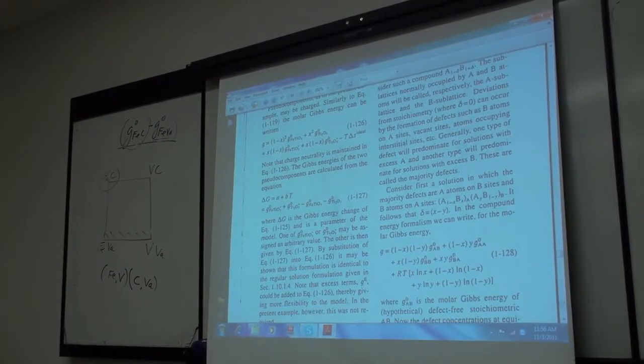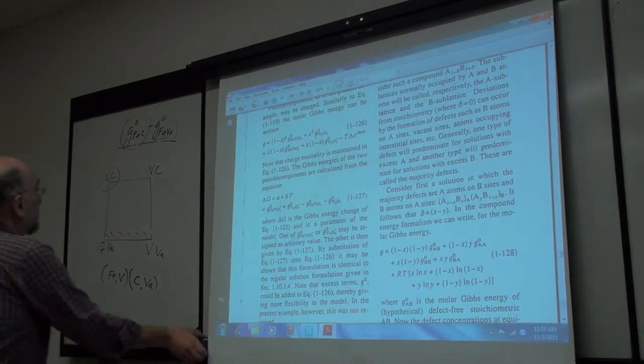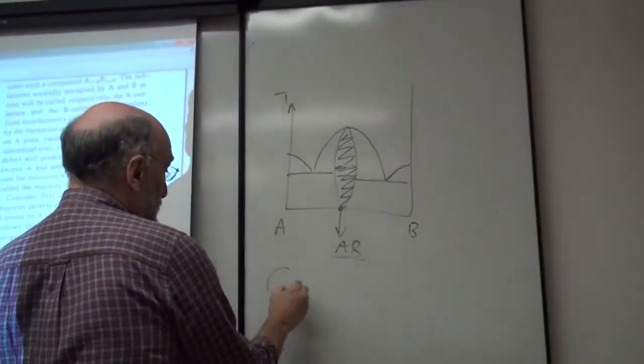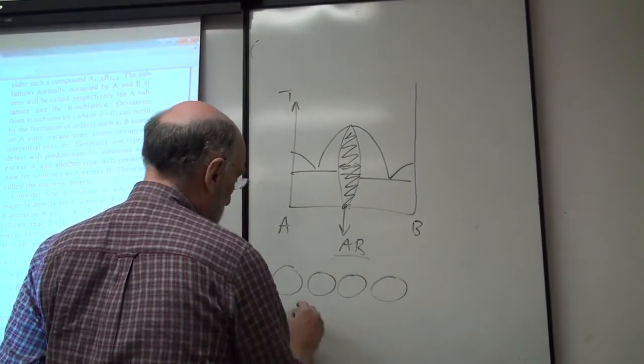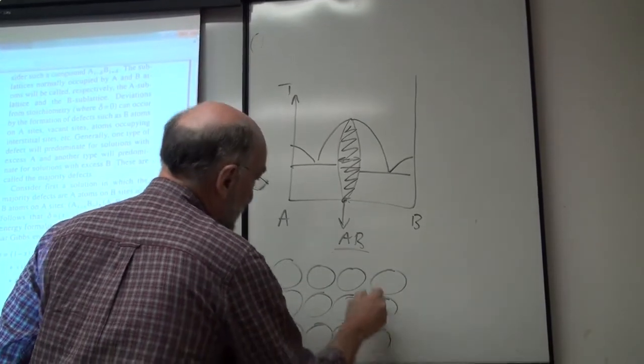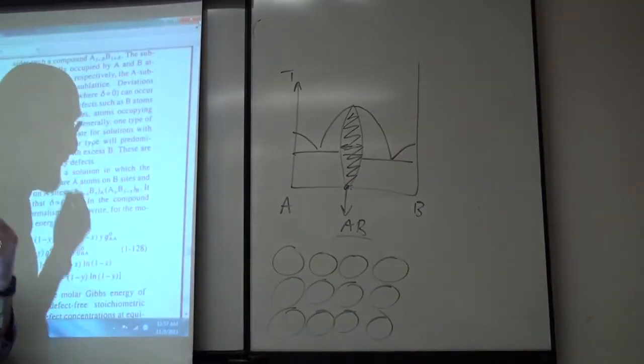Okay, if you get a deviation from the AB stoichiometry, how do you get this? And there are many different ways it can be done. So let's take the stoichiometric compound AB.